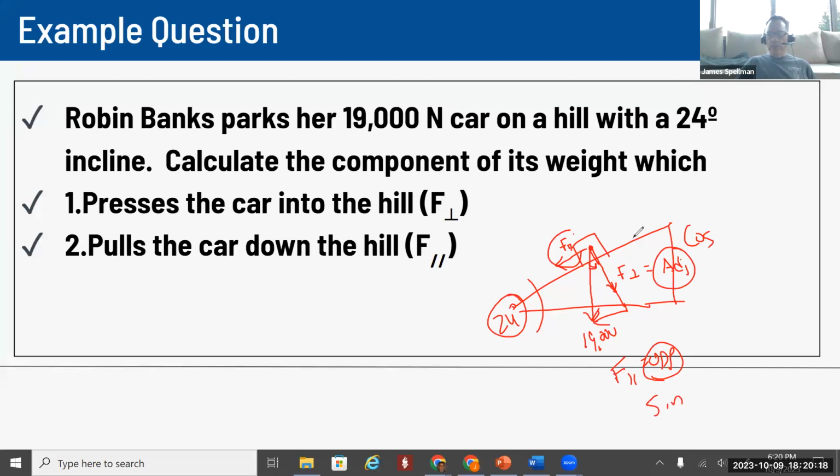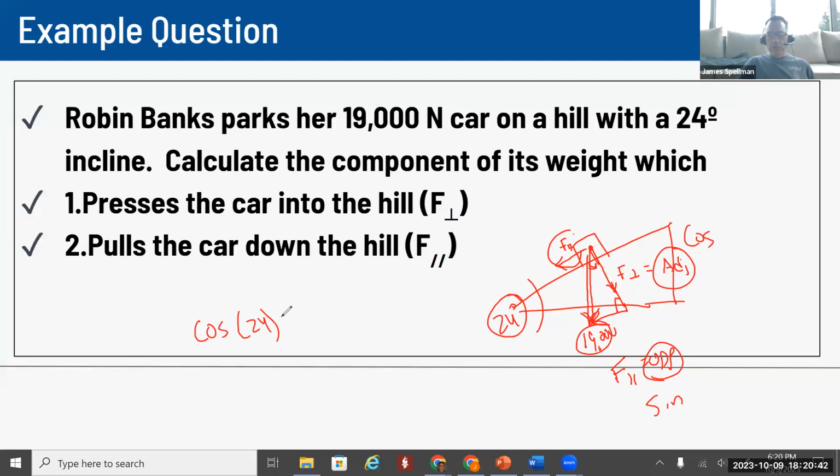So if we put our stuff together here, what we want to do is say cosine of our angle, which is 24, times this 19,000. Again, this 19,000 is our hypotenuse because it's going straight down. Straight down is our 19,000, and it's across from our right angle that we have here.